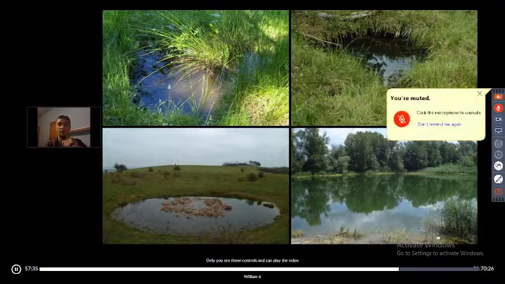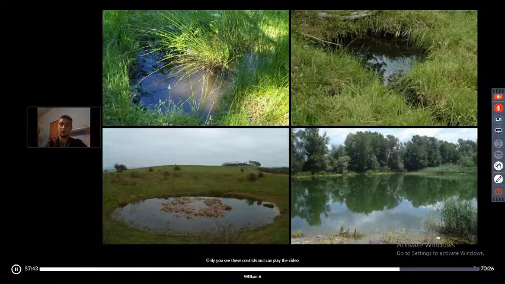I neglected biology, but now I'm into biology and of course into the weather as well. So it's a holistic science, you can say.